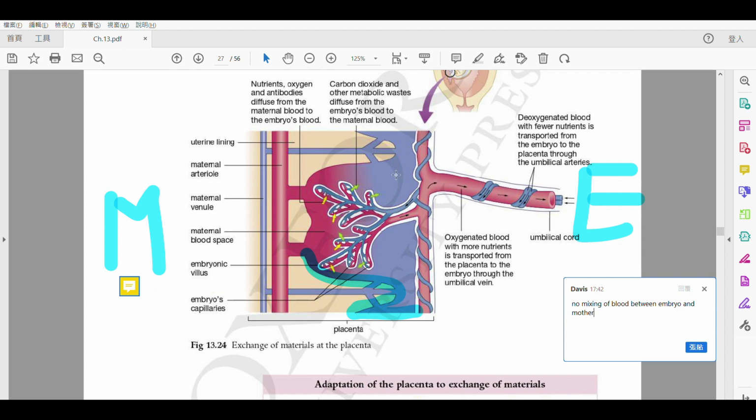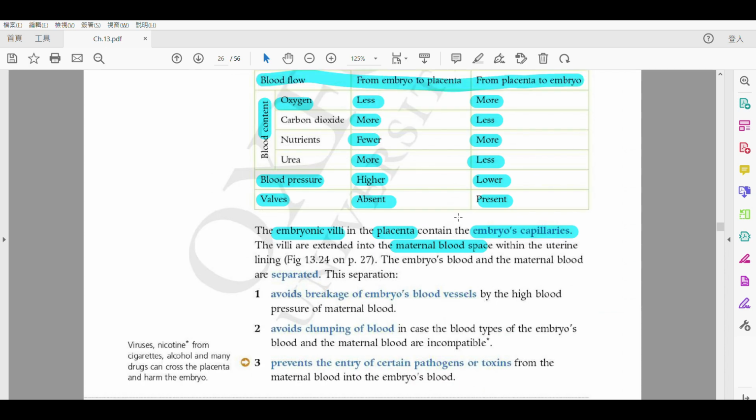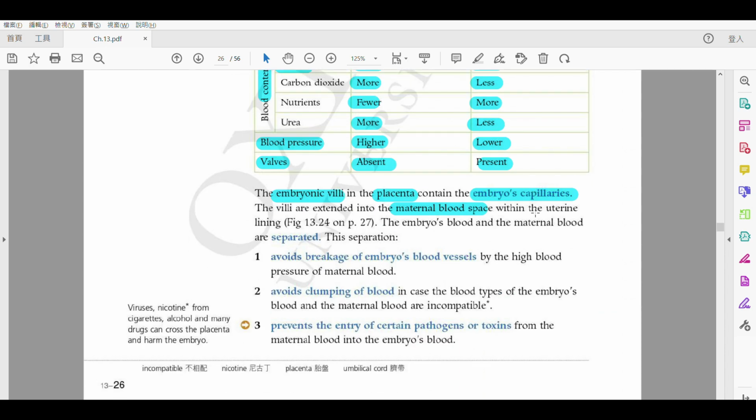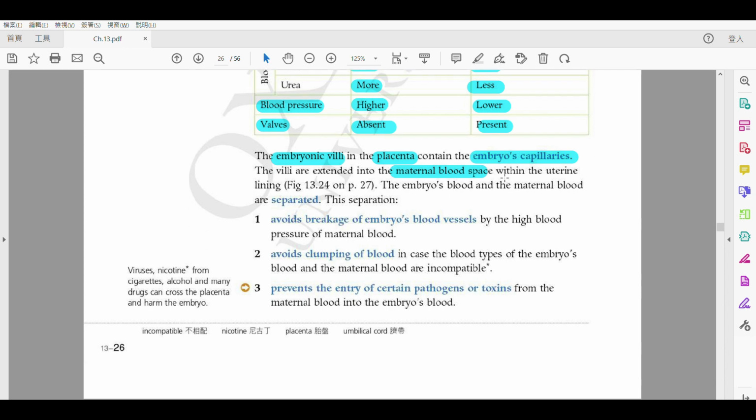Make sure you get this clear. There is only a direction of flow. So this is the so-called blood space. These are the villi, which stick into the placenta, and the villi have capillaries that extend into the blood space to carry out material exchange. Their blood is separated. These 3 marks are also very important.